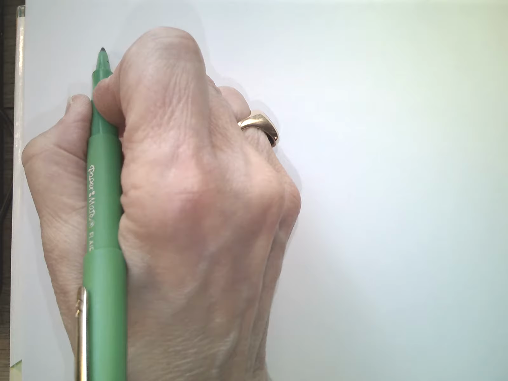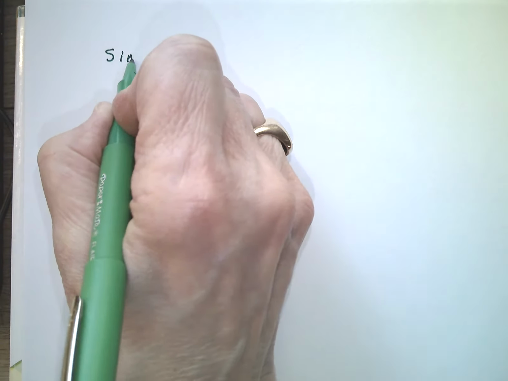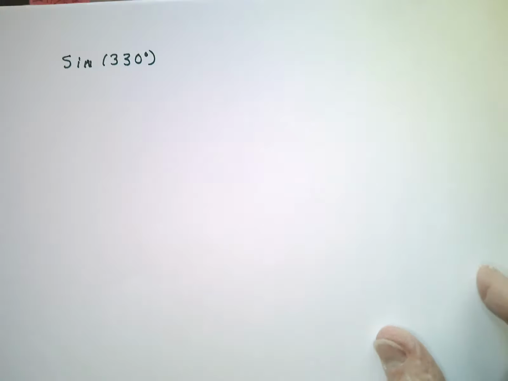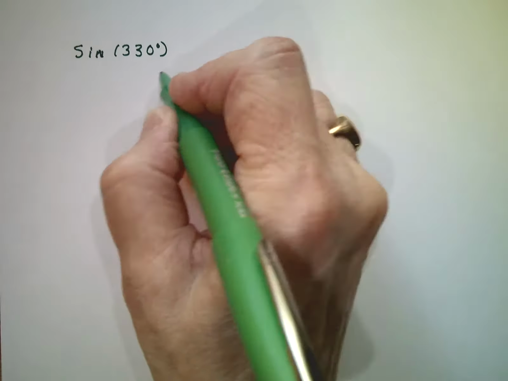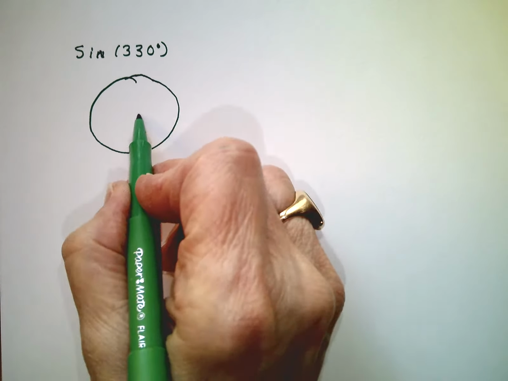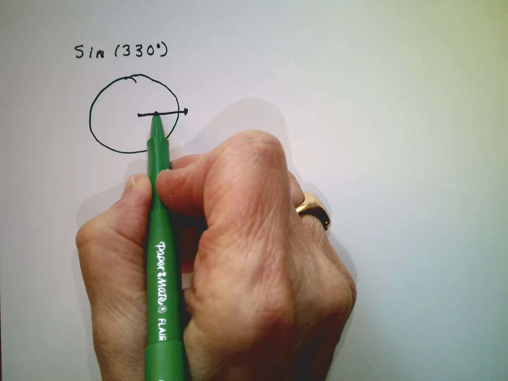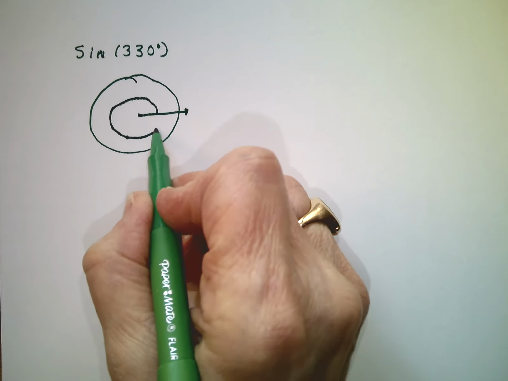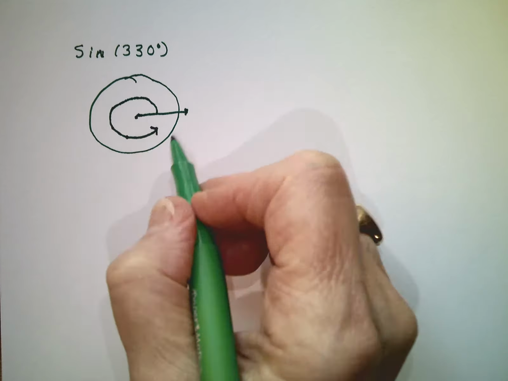Let's try one more of these. That paper's got spots on it. So if we have the sine of 330 degrees, draw our circle. So we're coming around 90, 180, 270. 330 is a long ways around there.